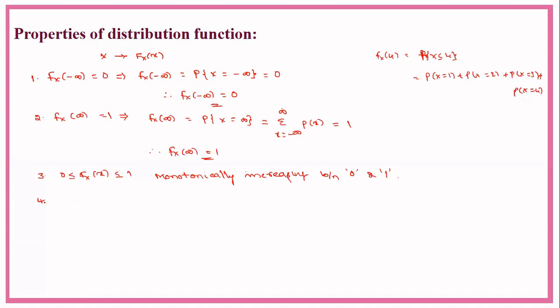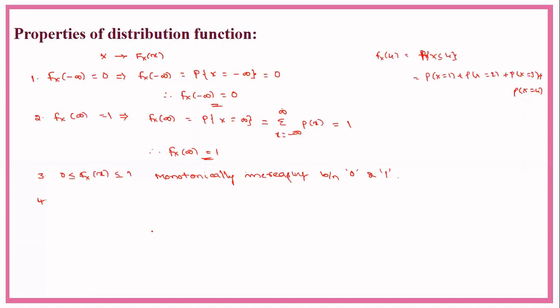And the fourth property. The fourth property is Fx of x1 is less than or equal to Fx of x2, if x1 is less than x2.